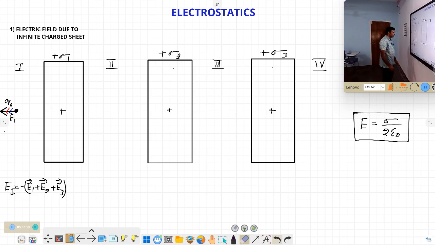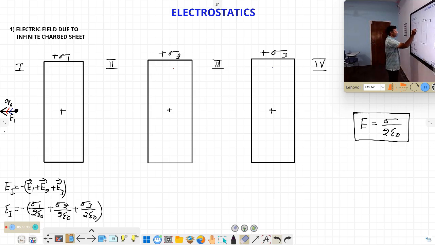Taking the minus sign common, the expression is minus of sigma 1 by 2 epsilon naught plus sigma 2 by 2 epsilon naught plus sigma 3 by 2 epsilon naught. This is the equation for the electric field intensity in the first region.